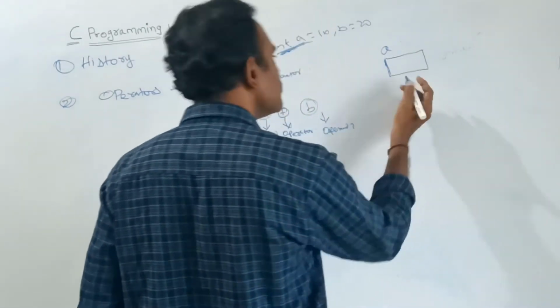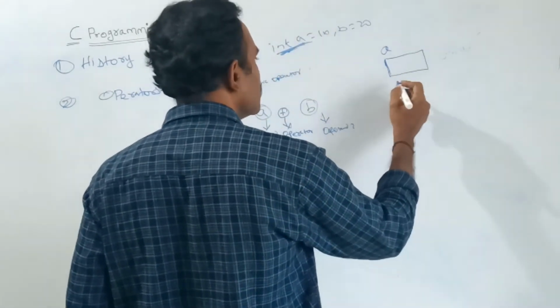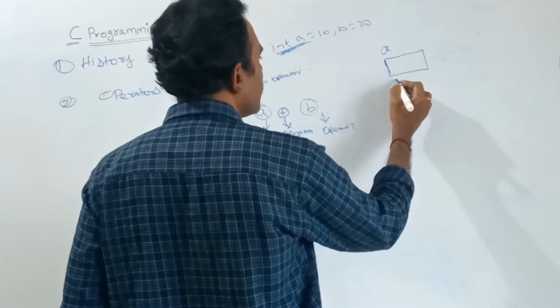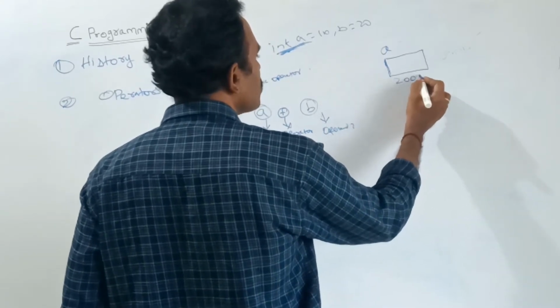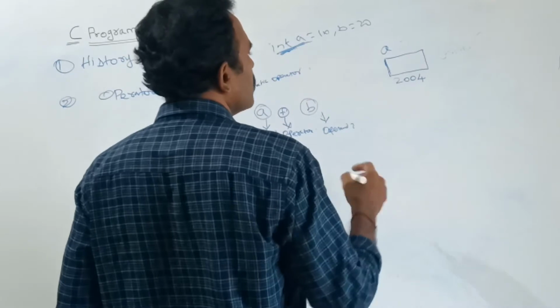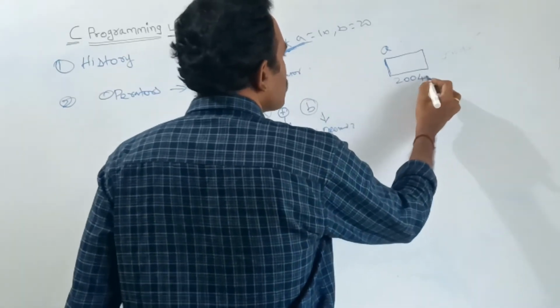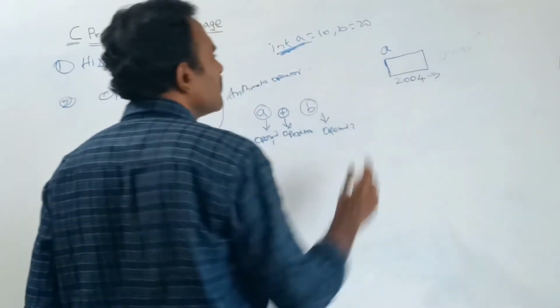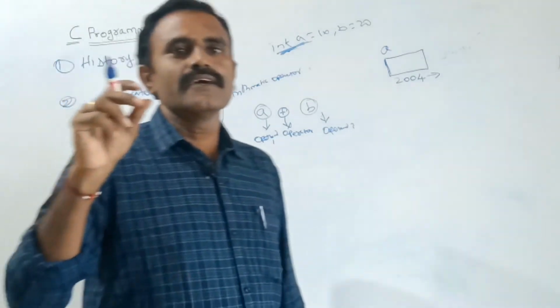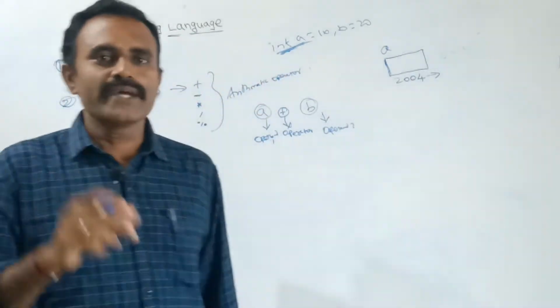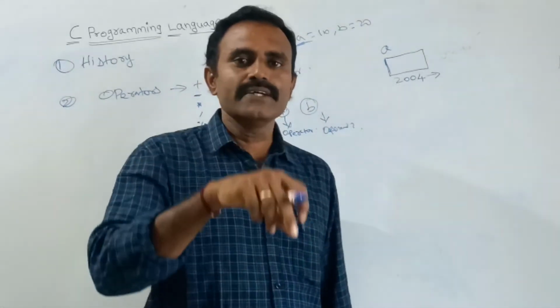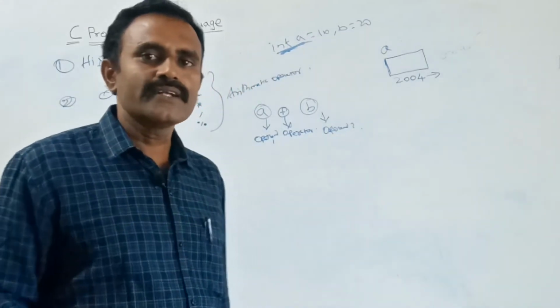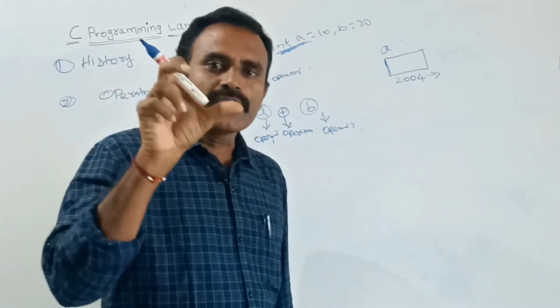For example, the address value can also be in hexadecimal. For understanding, I am saying 2004. Whatever value is given as input by the keyboard will be stored in that particular memory location.